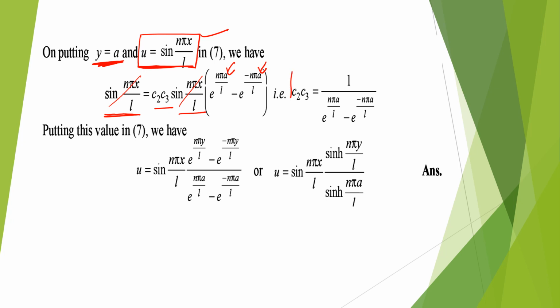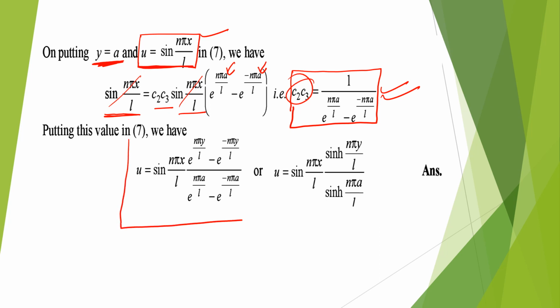So c2 into c3 is 1 over e to the power n pi a by L minus e to the power minus n pi a by L. So we get the value of c2 into c3. Now we substitute this value in our previous solution, so we get a new solution: u is equal to sin n pi x by L, with brackets this term.